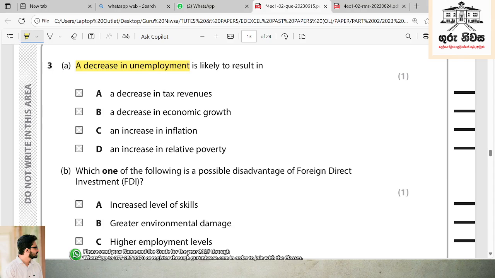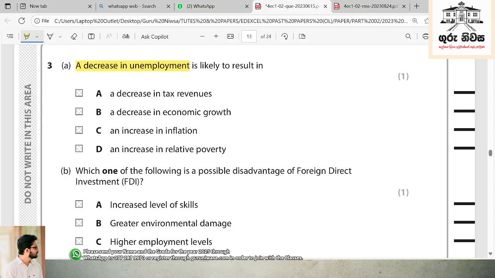Relative poverty means assume there are two students, both have passed. One has got 75, another student got 80. Have they failed the subject? No. It means neither of them has absolute poverty.